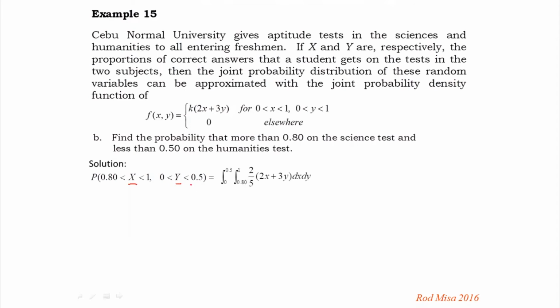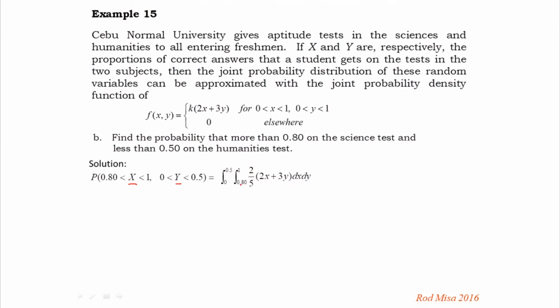So this is the double integral of our joint probability density function of 2/5 of the quantity 2x plus 3y. And this will be integrated first with respect to x, where our limits of integration is from 0.80 to 1, since we are adding all probability values where your random variable is greater than 80%.